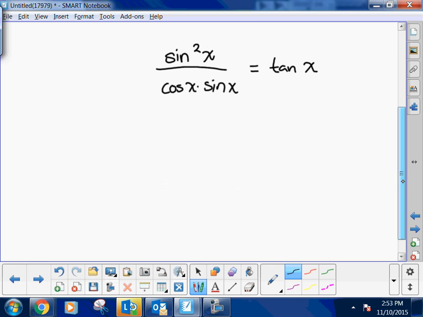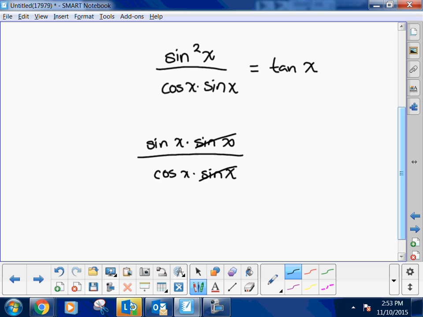Okay, and this is one of the things I'm going to do. I'm going to go ahead and now separate this. This is going to be sine x times sine x. The reason I'm separating is because some people are seeing it already. You can cancel out one of the sine x's, and that's absolutely what we're going to do. So we cancel out the sine x and the sine x.